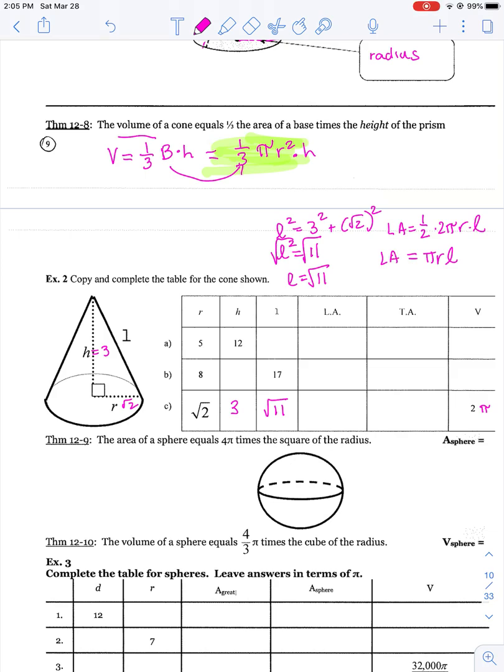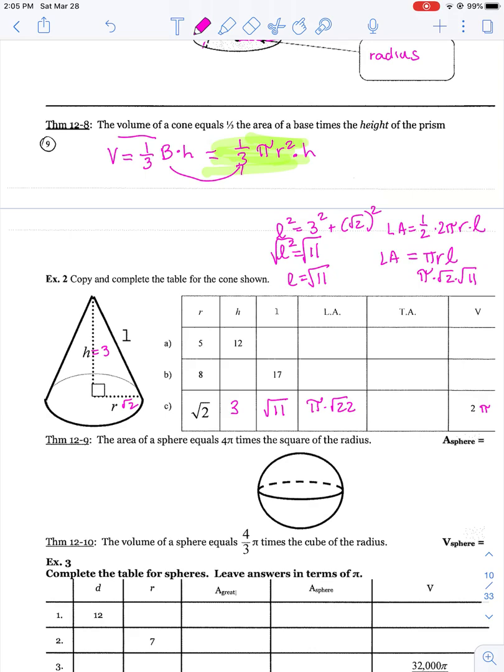And if you forget, you think of it as half the perimeter times the slant length, which simplifies down to pi r L. So now if I substitute r in and L in, r is radical 2, L is radical 11. So radical 2 times radical 11. If you remember the rules of multiplying radicals, rad 2 times rad 11 is the same thing as putting both 2 and 11 inside the same radical. And so we get 2 times 11, which is pi radical 22.